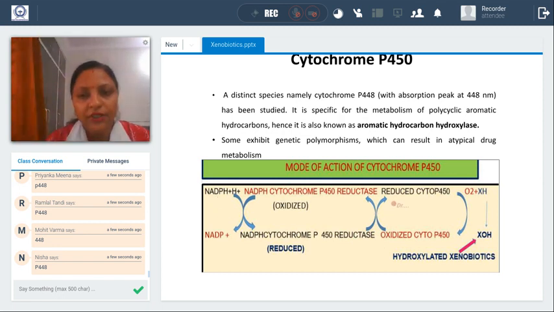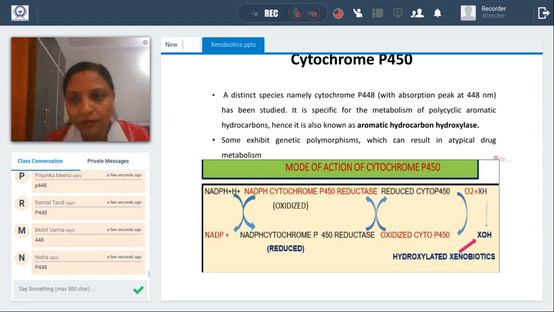Here you can see oxidized cytochrome P450 is converted into reduced cytochrome P450 by this enzyme, and this is hydroxylated xenobiotic XOH. This XH is converted into XOH.